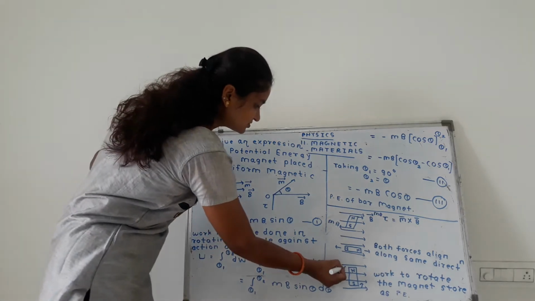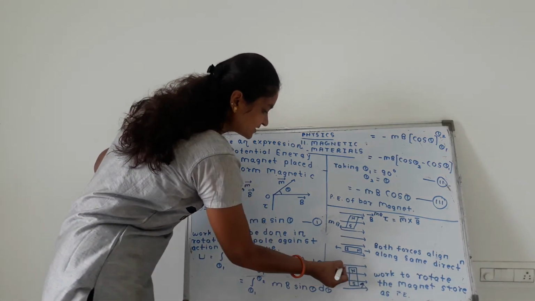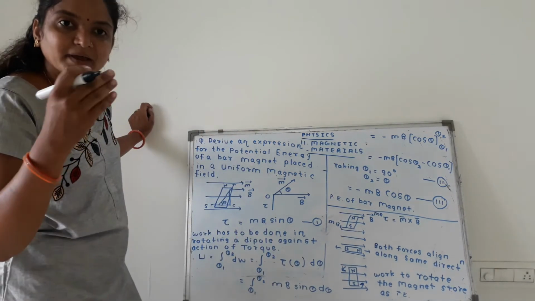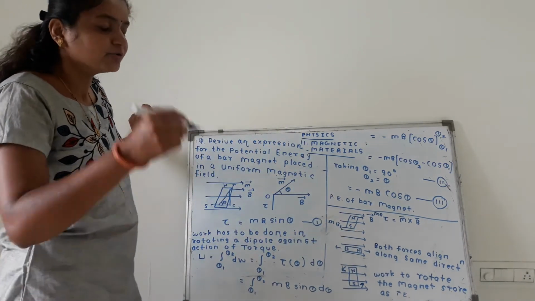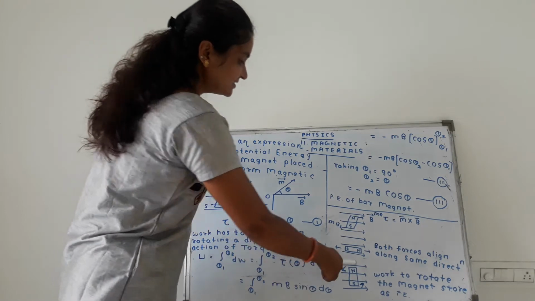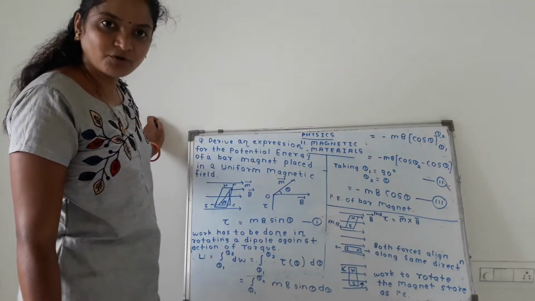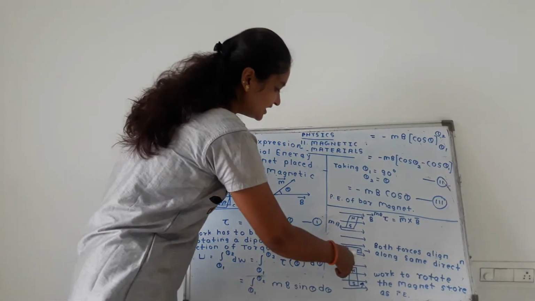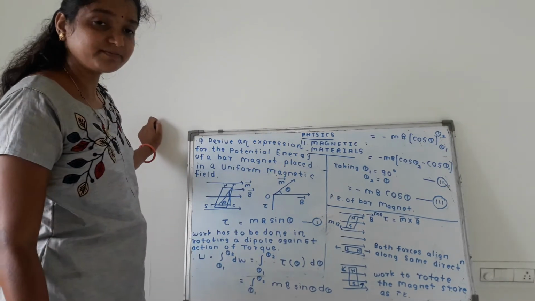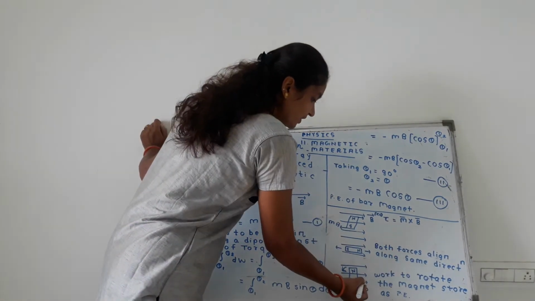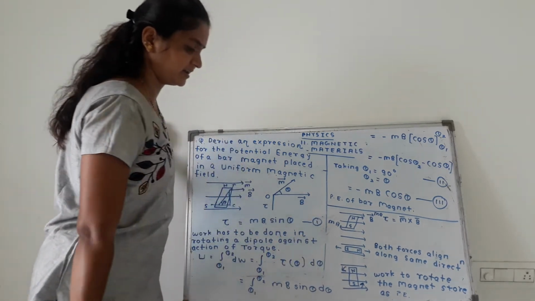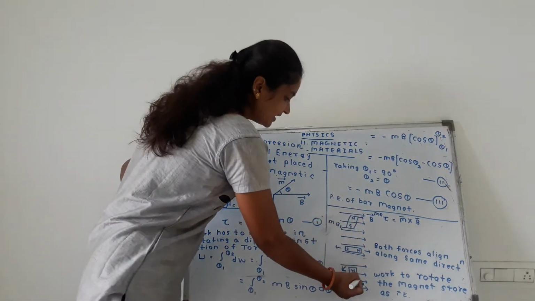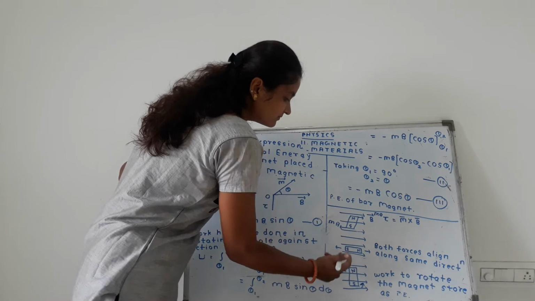To make this rotation, we have to do work. This work done is stored as potential energy in the bar magnet. It means we have to change the angle.